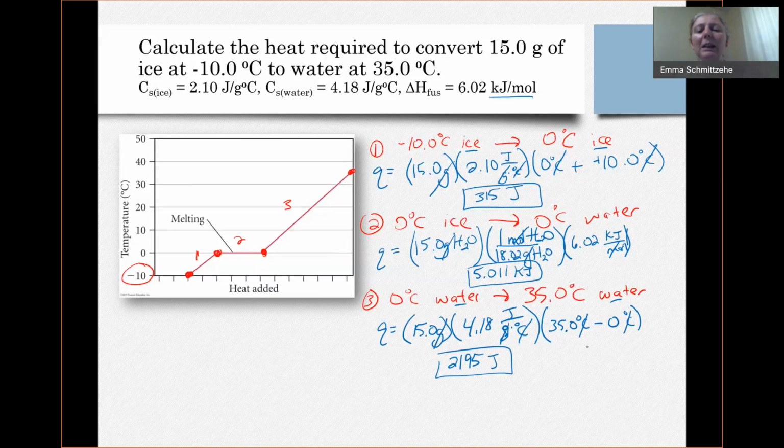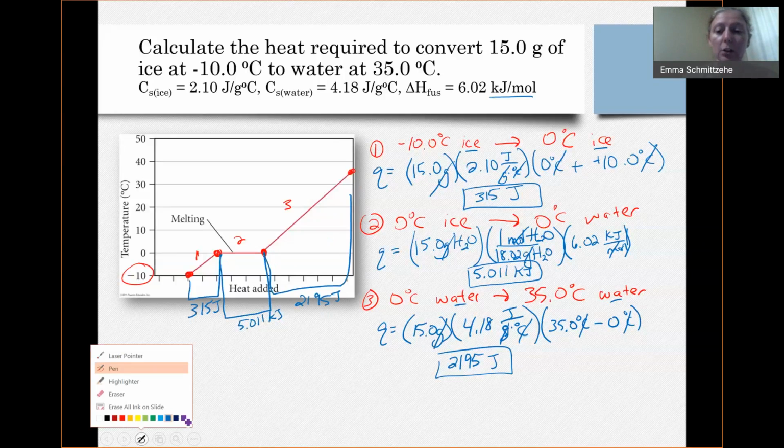So that tells me the heat for each of those steps. For this step, that amount of heat is the 315 joules. And then the second one is the 5.011 kilojoules. And then this step is the 2195 joules. And so if I just add those together, that would tell me the heat for that entire process.